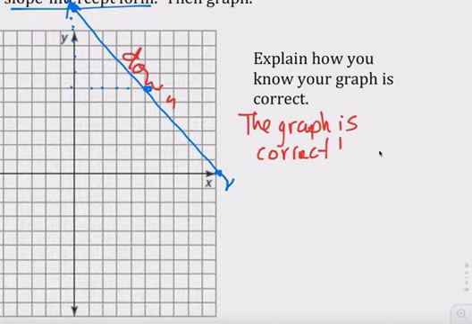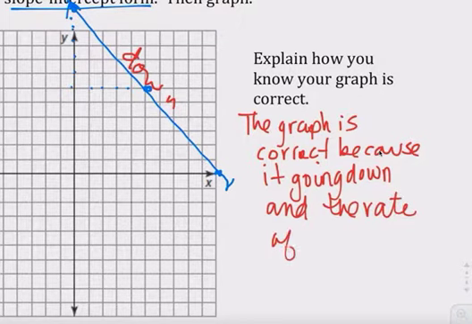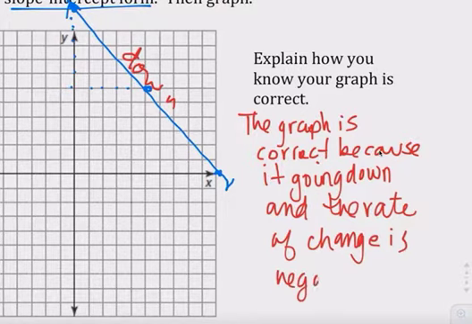Correct because it's going down and the slope is negative, and the rate of change, I want you to use the word rate of change a lot, is negative. Same thing as slope.